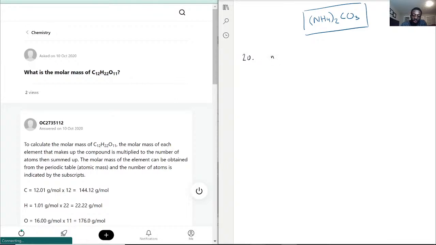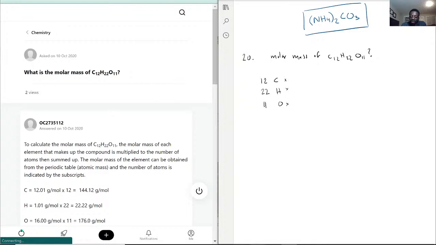Okay, so how do we find that out? We actually just break it down. How many carbons do we have? A whole whopping 12 carbons. We have 22 hydrogens, 11 oxygen.